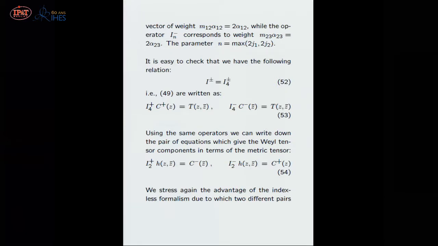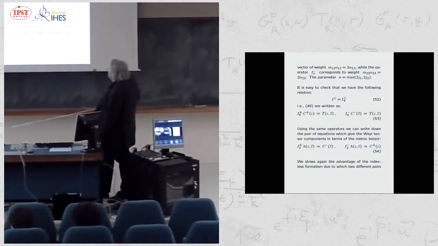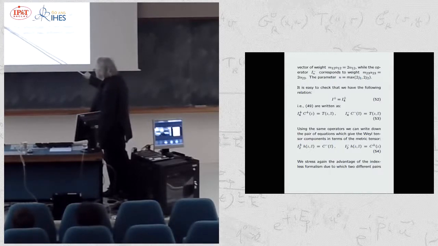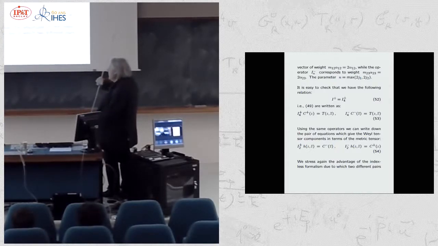Earlier we had weights alpha 1, 2. Now we have weight 2 alpha 1, 2. Just slightly different, but of course this makes things more complicated. And then here the small h plays the role of the potential in the Maxwell case.